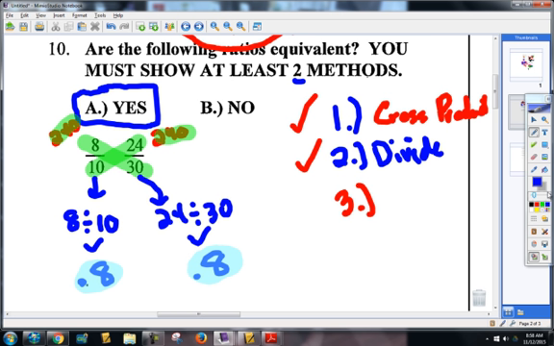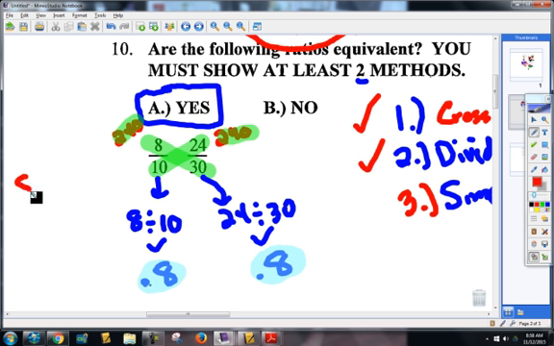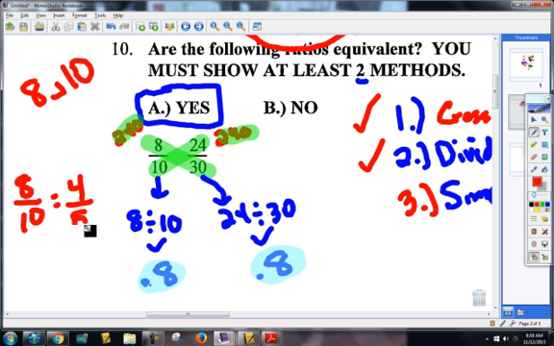Abby? You can simplify them. So, here we go. And I hope you're writing this because, again, this is your study guide. Okay? So, we're going to simplify them. You could go off to the side and say, okay, what factor do 8 and 10 share? But since you know how to use your calculator, and this is more about checking your knowledge of equivalent ratios more so than simplifying ratios, because we are already past that, I'm just going to have you do 8 ABC 10, and I know that you're going to get 4 to 5, right?